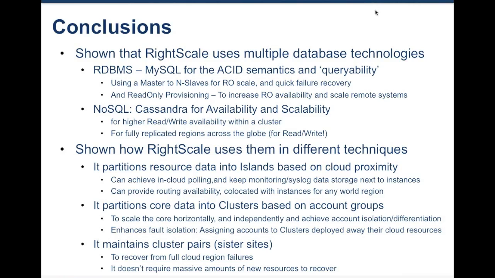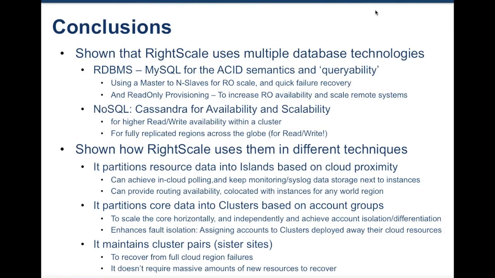As you have seen, we use it extensively and in quite sophisticated architectural frameworks. We also presented how RightScale uses the different databases in different ways, according to the properties of the data that we want to store, based on availability, scalability, and the ACID semantics that each presents.